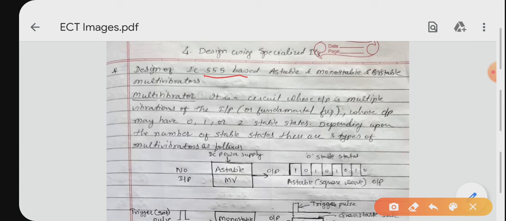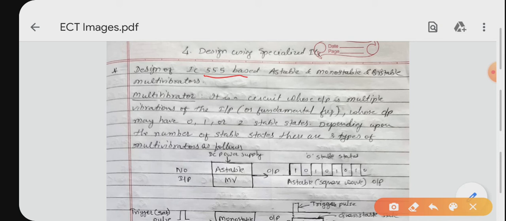A multivibrator is a circuit whose output is multiple vibrations of the input or fundamental frequency. Multi means many, and vibrator means vibrations, oscillations. So it is a circuit whose output is multiple oscillations of the input signal or input frequency, and whose output may have 0, 1 or 2 stable states.